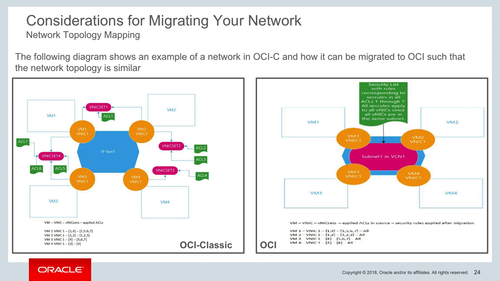So this results in VMs 1, 2, 3, and 4 being exposed to the same set of protocols and ports that are opened up in the security list.